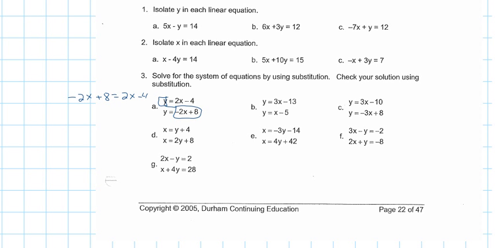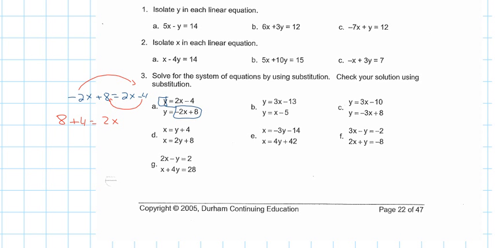Okay? So if I want to bring the negative 2x over here, and I want to bring the negative 4 over. So 8, negative 4, when you bring it over, it becomes plus 4 equals, I have the 2x. When I bring the negative 2x over, what does it become?